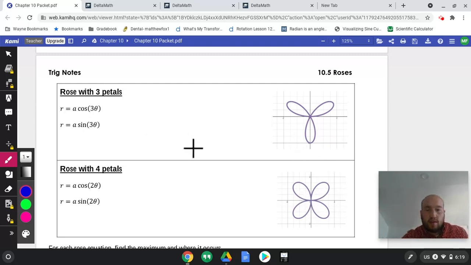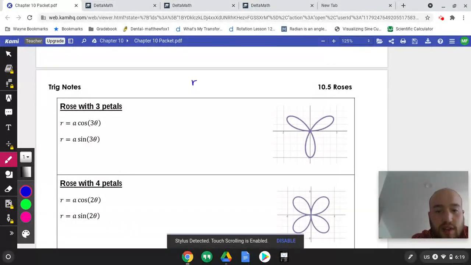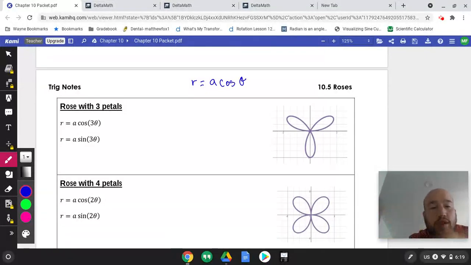And so the first thing I want us to notice is r equals a cosine 3 theta or r equals a sine 3 theta. On both of those, you'll notice it looks very similar to the circles we dealt with in the past. With the circles, and you might not want to write this, it's up to you, it was just r equals a cosine theta, single theta.